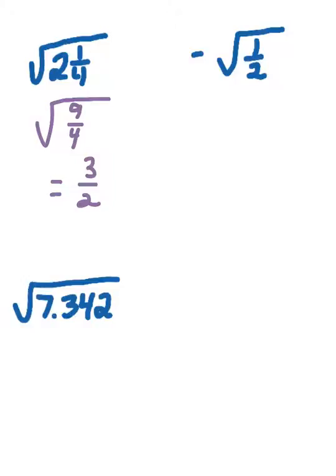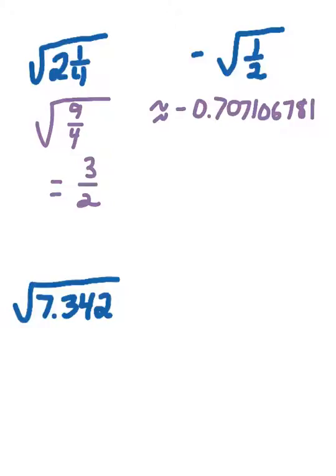So when I do that, having my float set to 9 places, and I'll put the negative out front, it says negative 0.707106781.